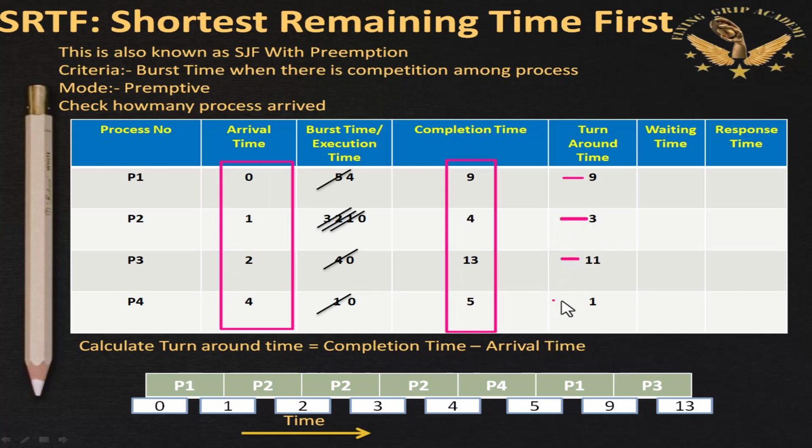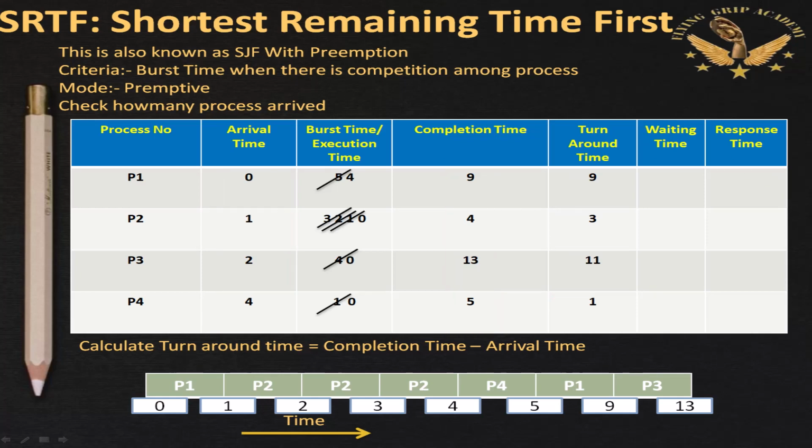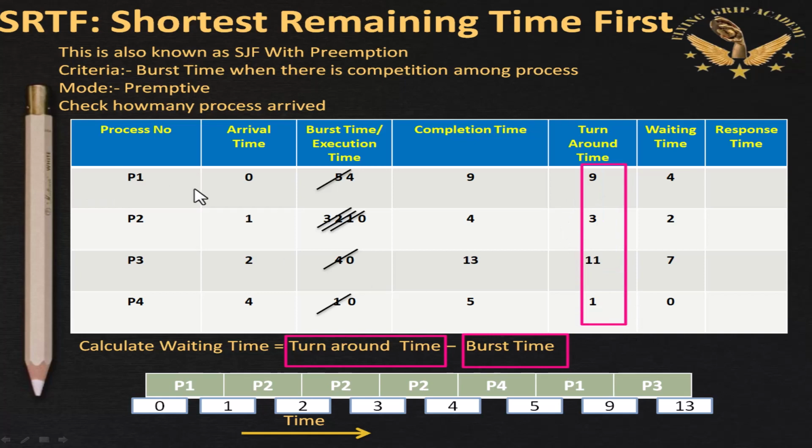Now we need to calculate the waiting time. The formula is waiting time equals turnaround time minus burst time. Here we are taking 5, 3, 4, 1 as the burst times.